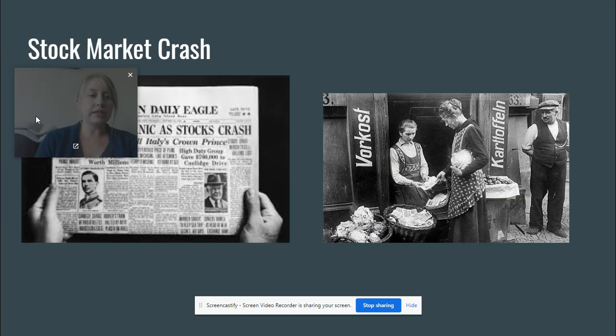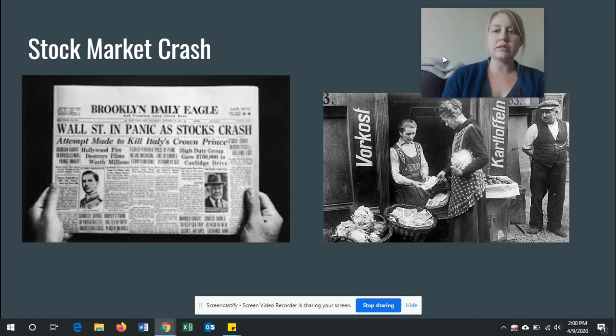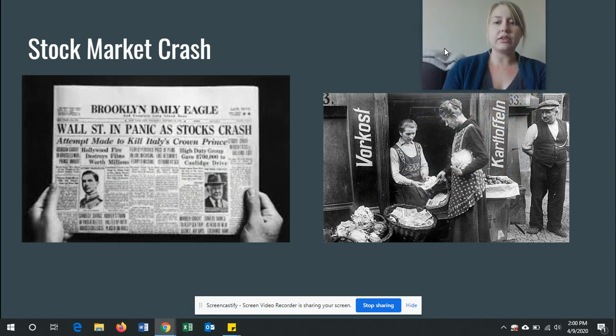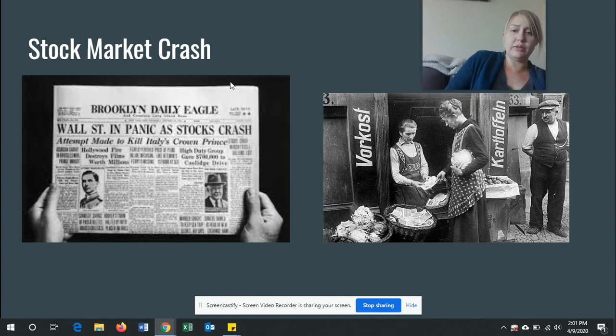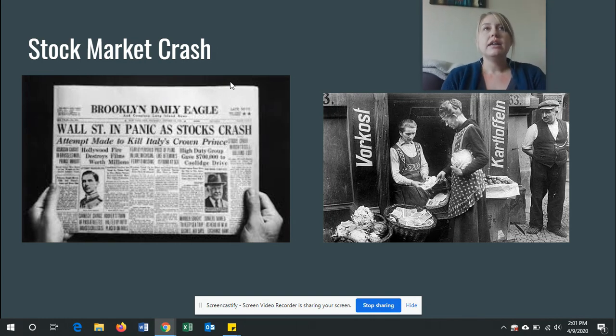Okay, so let's get to the meat of this. So the Great Depression. A lot of people say the Great Depression starts in 1929 when there is a stock market crash. The stock market crash itself is not what causes the Great Depression. And in fact, today, everyone's talking about the stock market every day.